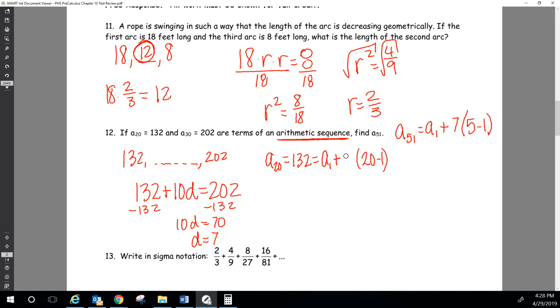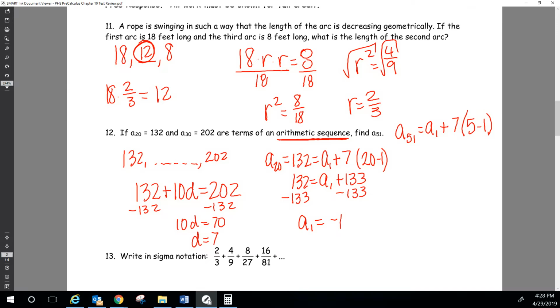We know our difference already now is 7, so we're down to this equation. So 132 is equal to a sub 1 plus 20 minus 1, which is 19, times 7 would be 133. Subtracting that off, I now know my first term is negative 1.